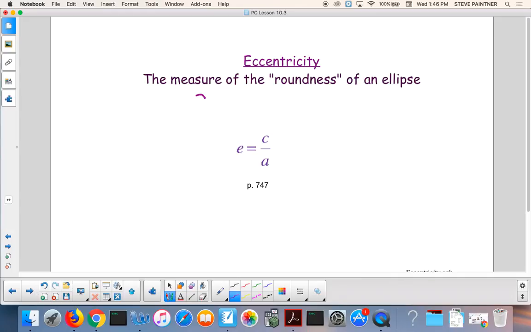So write this down. E can be in between 0 and 1. It's always going to be stuck in between there. And depending what the value is, it's going to tell you something about the ellipse.